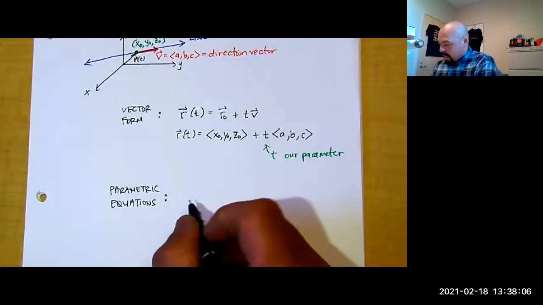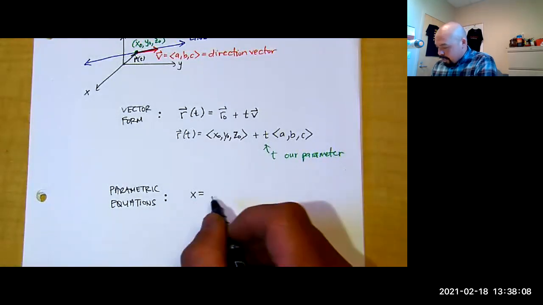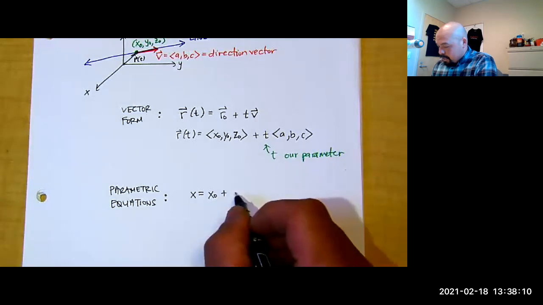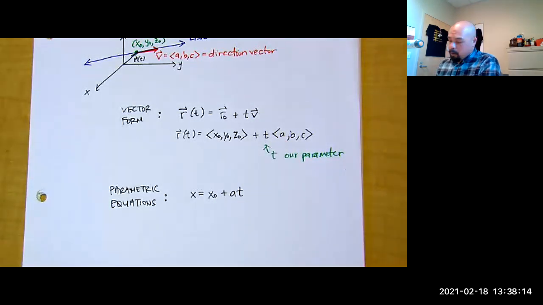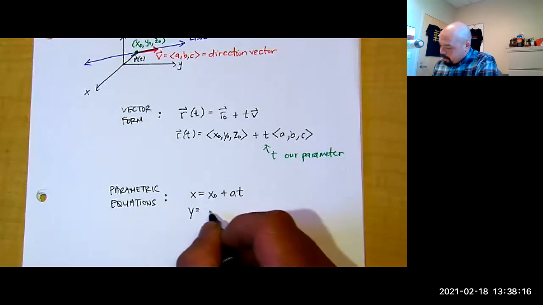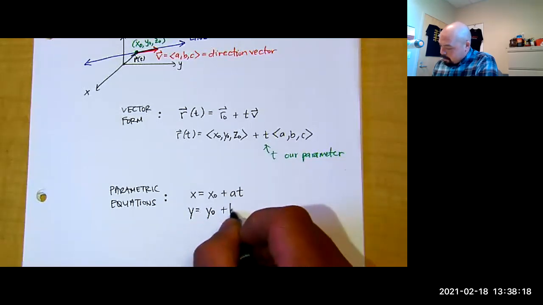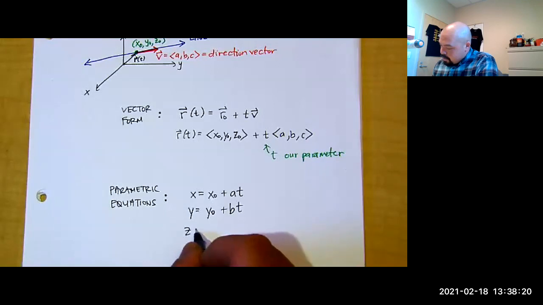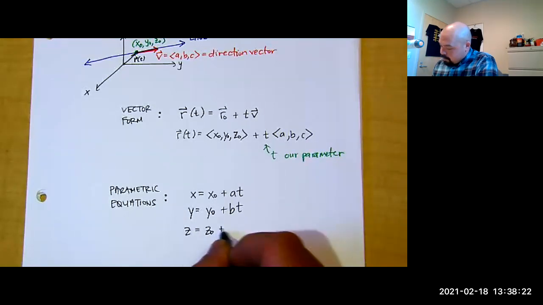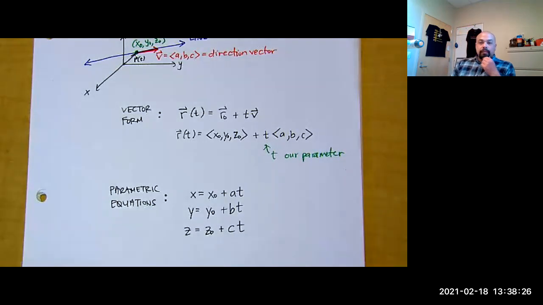If I want to find my x location, it's going to be x naught plus a times t, or t times a, up to you. The y is y naught plus bt, z naught plus ct. That parameter is just some general way of tracking the location on the line.